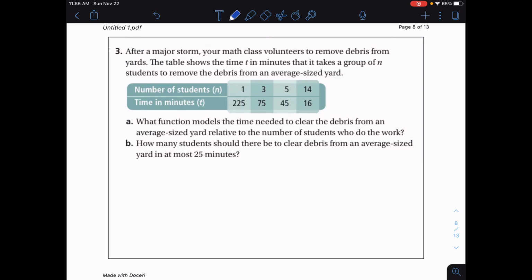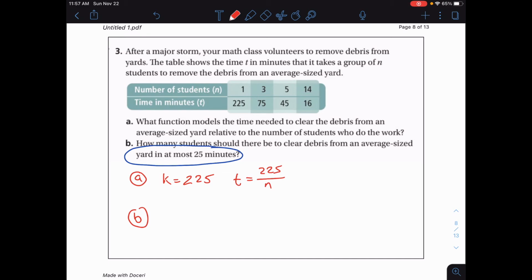Go ahead and pause this, try this one on your own, see if you can figure out in at most 25 minutes, and when you're ready to see the answer, unpause the video. After investigating through this problem, you're going to find that k is 225. So your function that models this, using what they use, is t equals 225 over n.